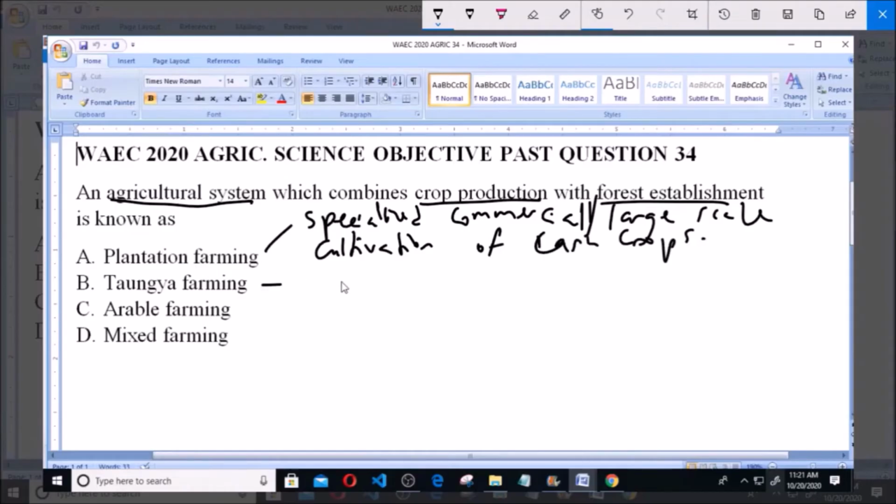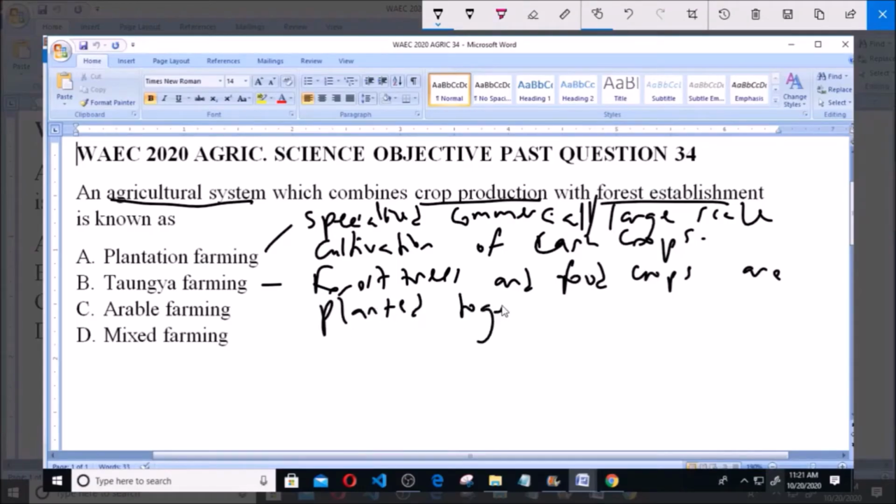Option B, which is Taungya farming, refers to a system whereby forest trees and food crops are planted together on the same piece of land. Now it mixes agriculture with forestry.